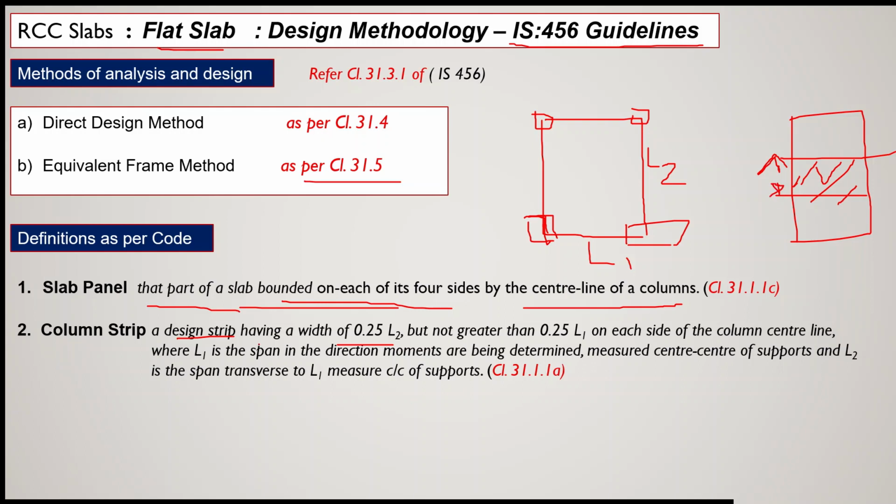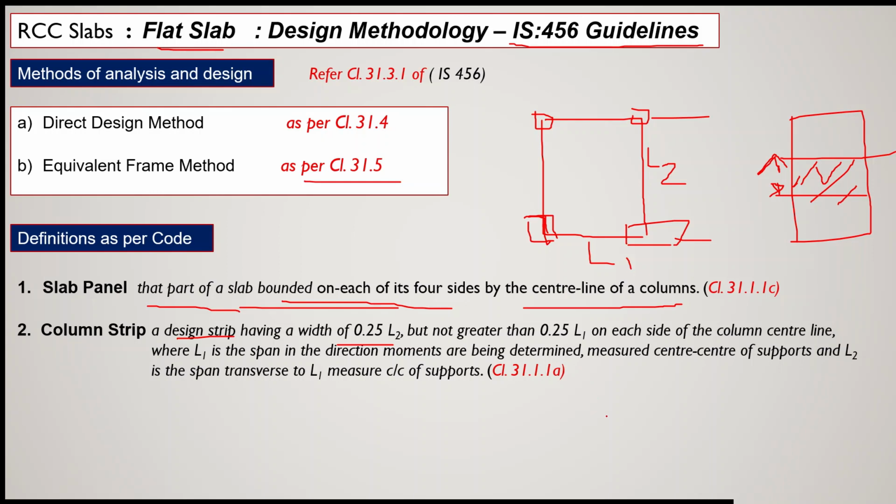So the code is saying that the column strip is a design strip having a width of 0.25 L2 but not greater than 0.25 L1 on each side of the column center line. Now this is column center line, this is column center line. Along each side of the column center line, where L1 is the span in the direction moments are being determined.